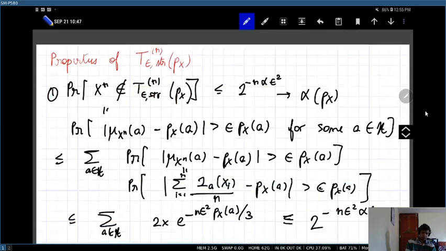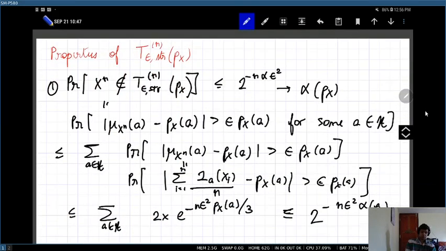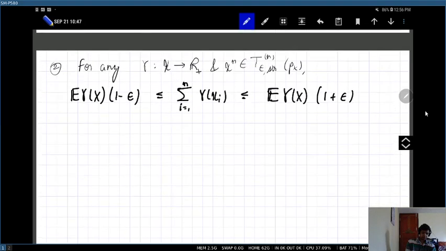So what is the rate if achieved using the strongly typical set? Okay, so to find the rate, I'll prove an intermediate result, which turns out to be very powerful even outside the problem that we are trying to currently solve.